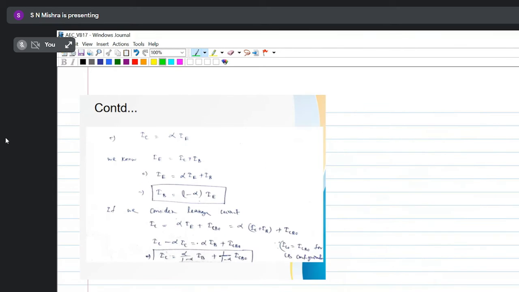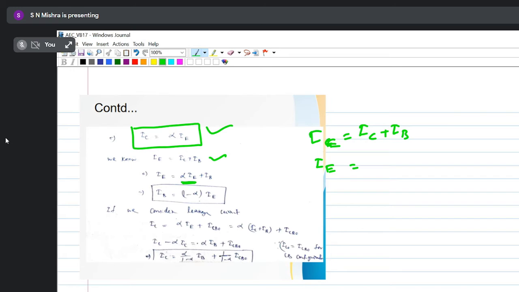We have IC equals alpha IE. Now we know the basic equation IE equals IC plus IB. In place of IC, if I replace alpha IE, then IE equals alpha IE plus IB.